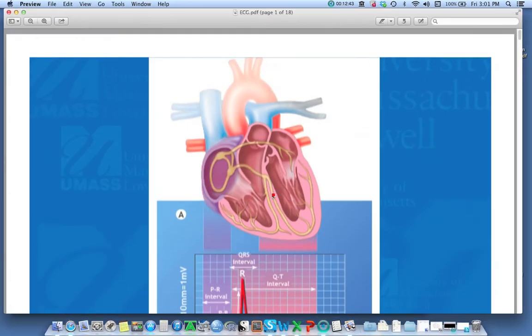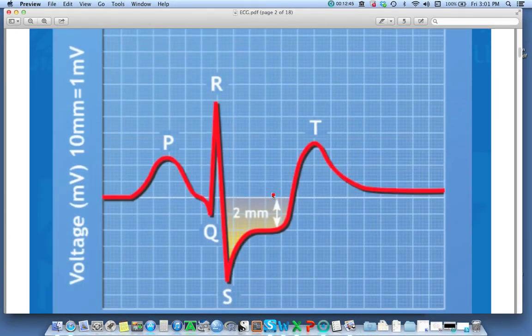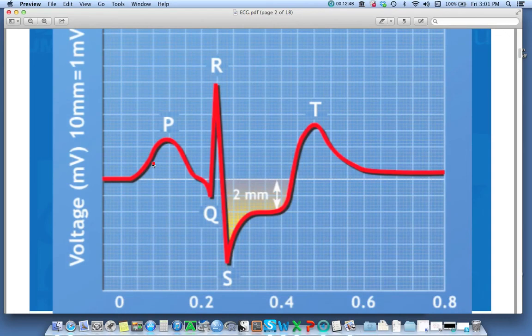So going back to this diagram, here we see ST depression. We've got P, Q, R, S, and then we've got the T wave. This is the ST segment, and here we're seeing it 2 millimeters lower than the normal isoelectric line. And that is ST depression. It is a sign of ischemia.